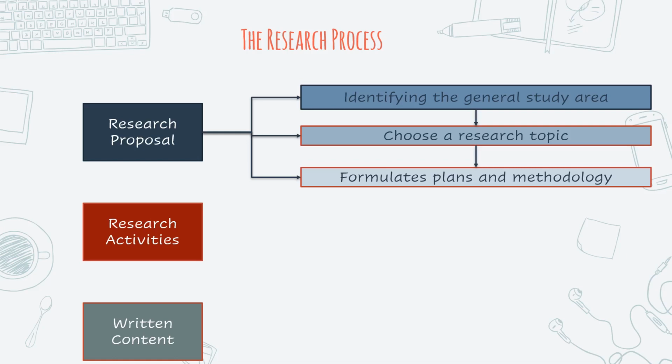So you have to identify first the general study area, no? Okay, after identifying the general study area, you have to choose a research topic. So the researcher needs to start observing the surroundings or environment. Through keen observation, processes or things that require improvement can be identified.